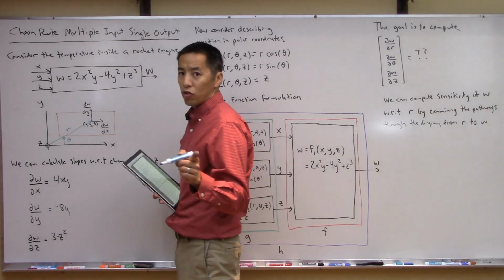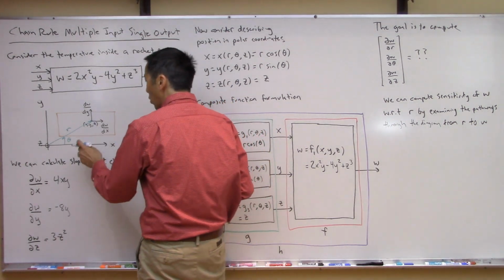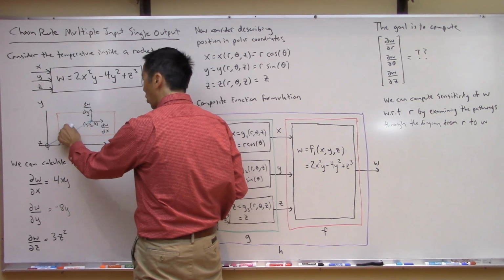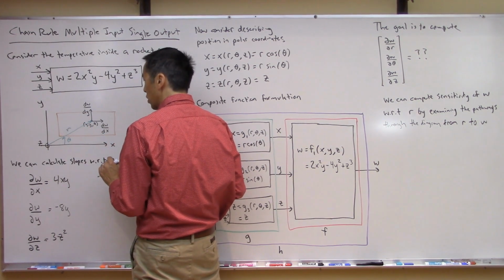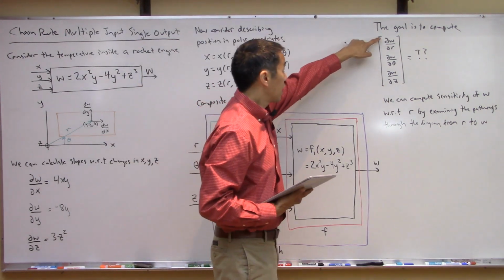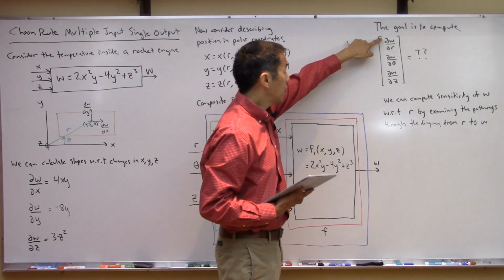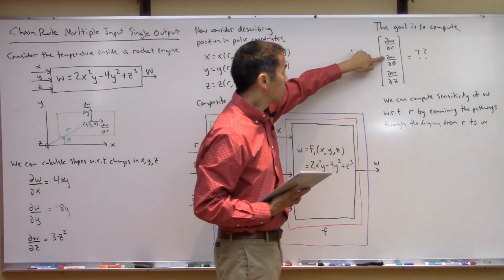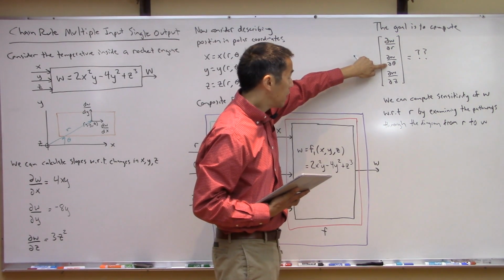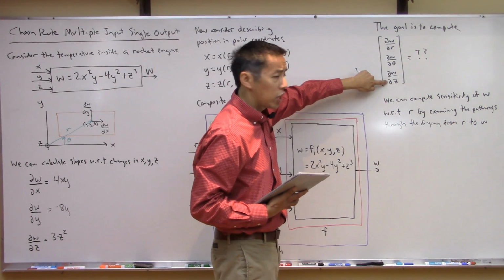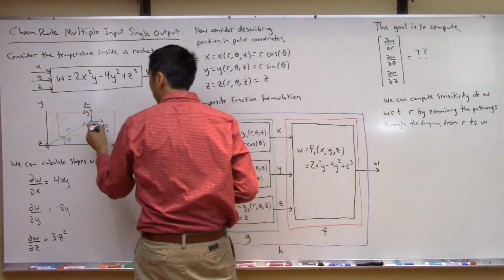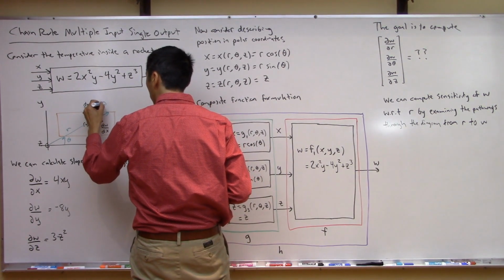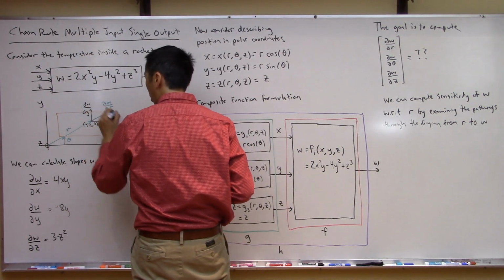So now what I'm interested in is how does the temperature change if I change r, theta, or z, right? The goal is to calculate how the temperature changes as I change the radius, how it changes as I change theta, and how it changes if I change z. So now, if I increase the radius, I'm looking for partial w, partial r, right?